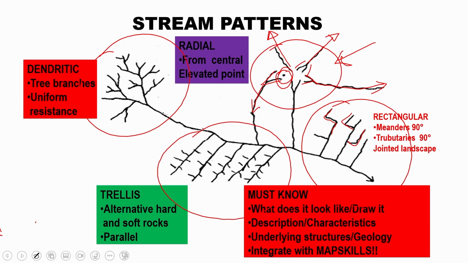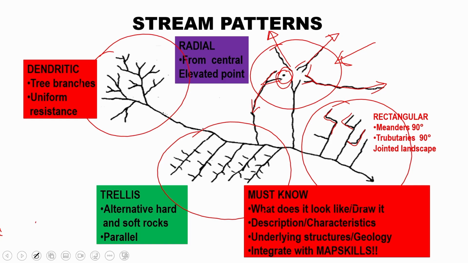And then you must also be able to give me characteristics. What do I mean by that? Let's take the dendritic pattern and say, beyond it looking like a tree, what kind of characteristic can you say? I mentioned that the tributaries join each other, or if you are a wise student, you can say the confluence is at an angle less than 90 degrees, or at small angles, or for the mathematically tuned ones, at angles that are acute, meaning less than 90 degrees.